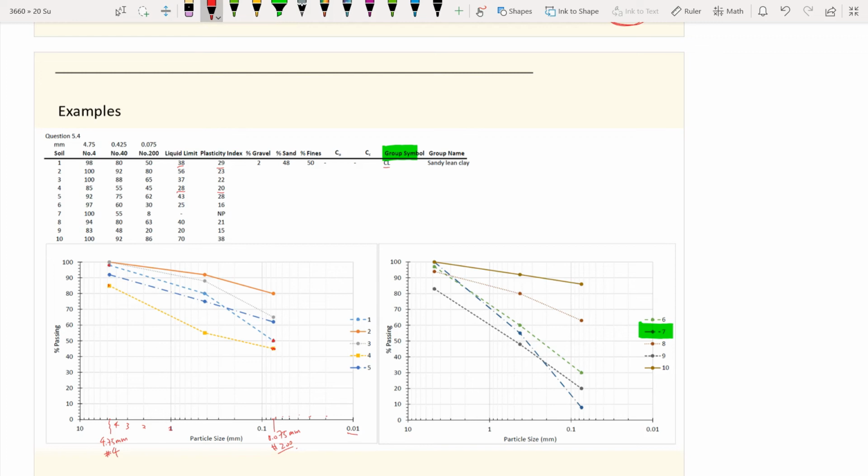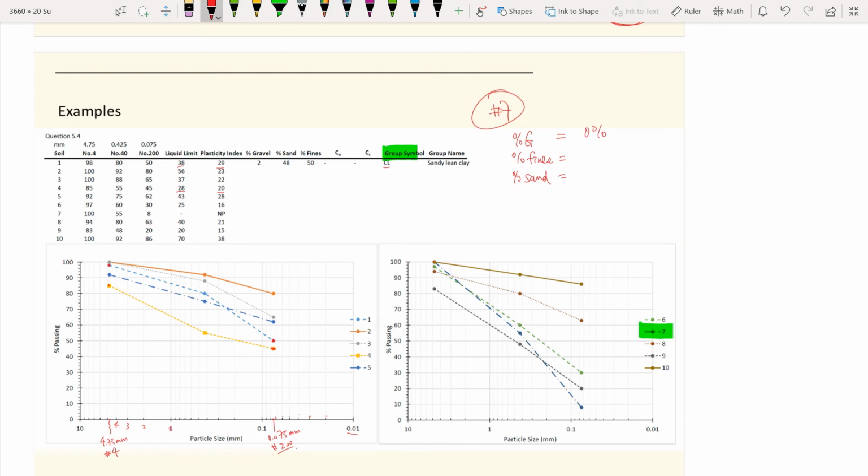One more time, we always start with percent gravel, percent sand, and percent fines. So we're working on number 7. Percent gravel we have now for number 7 is 0%.